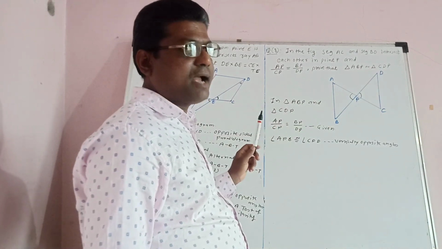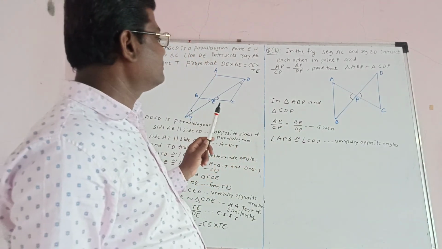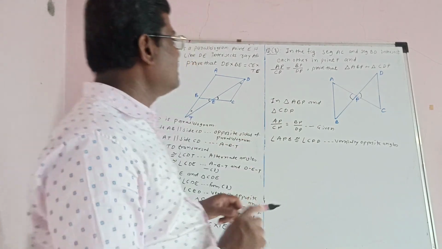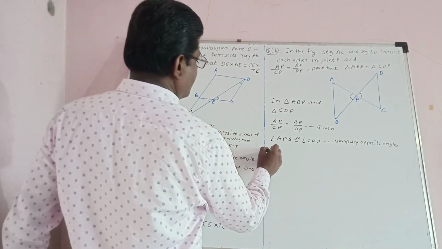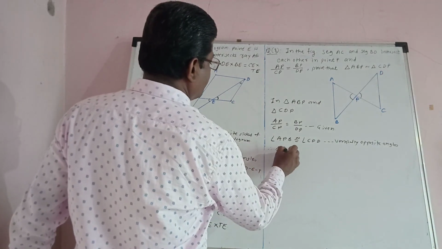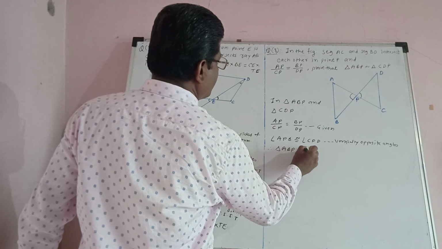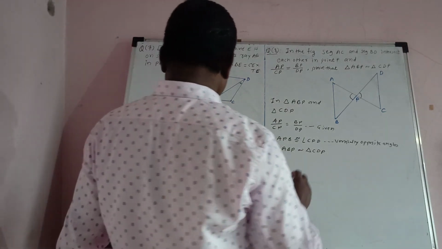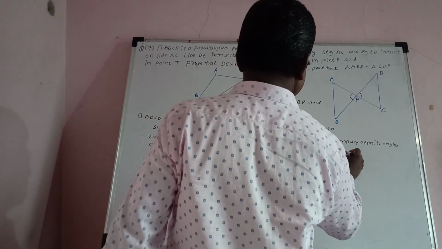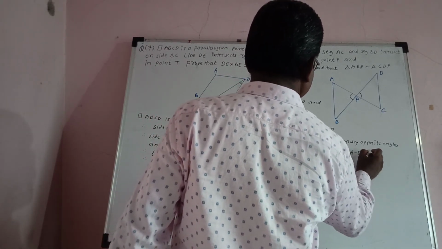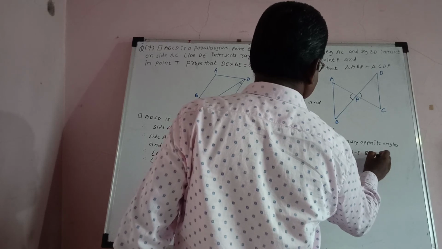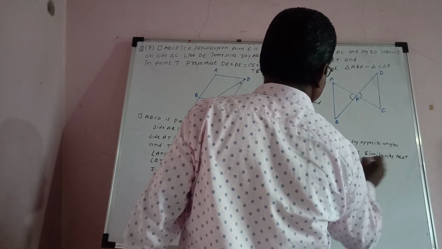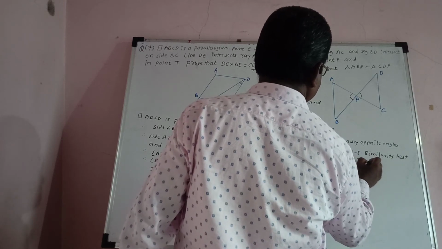Therefore these two triangles are similar according to the SAS criterion. Therefore triangle ABP is similar to triangle CDP. This is the SAS similarity test of triangles.